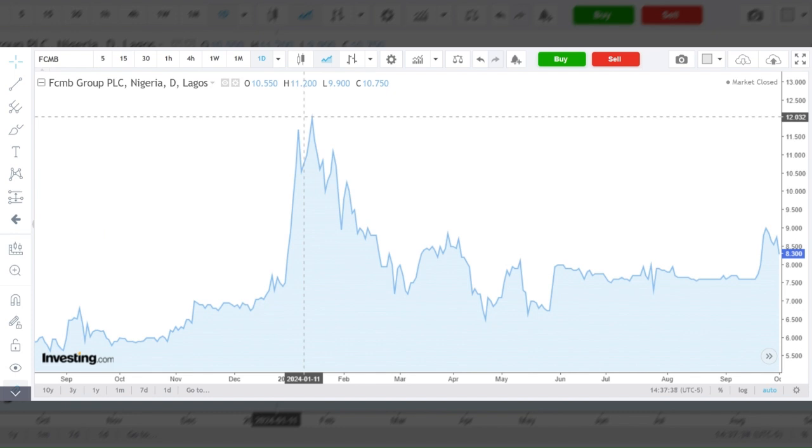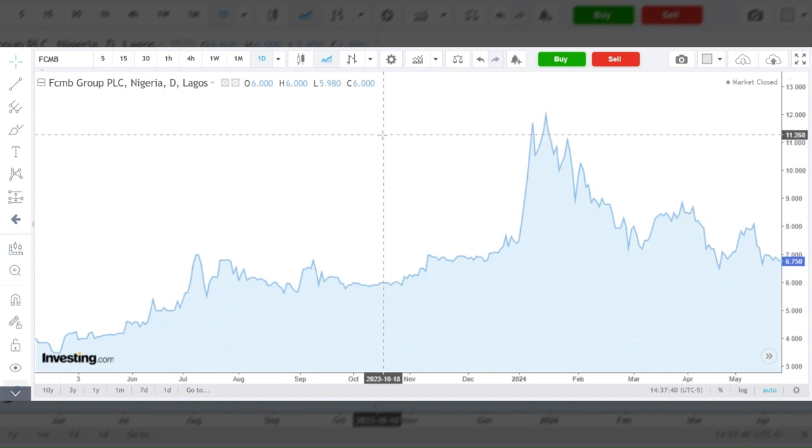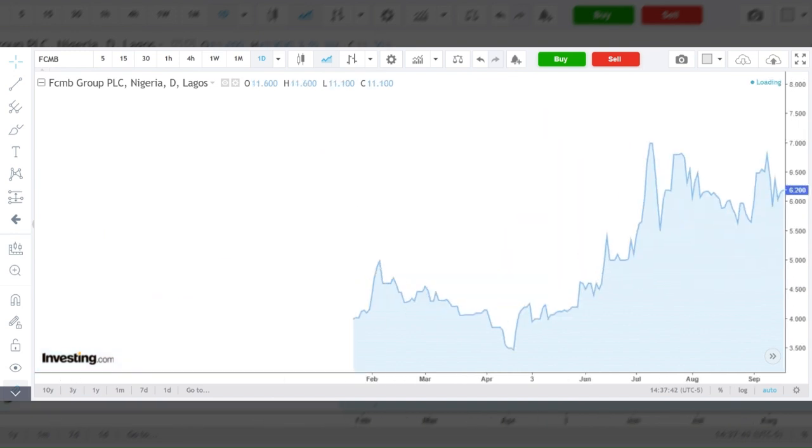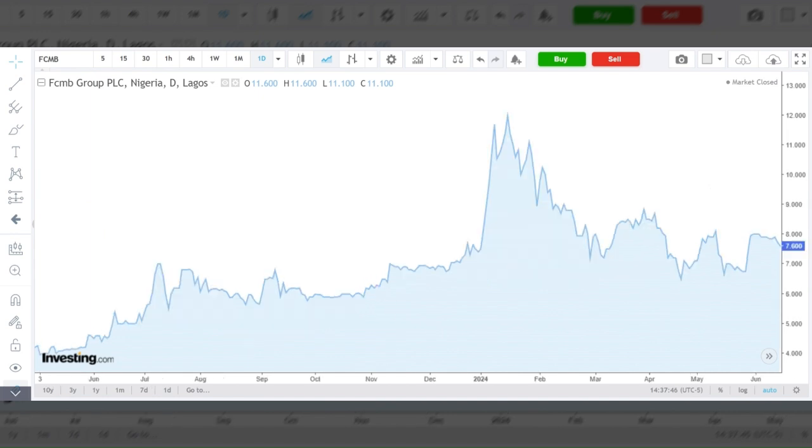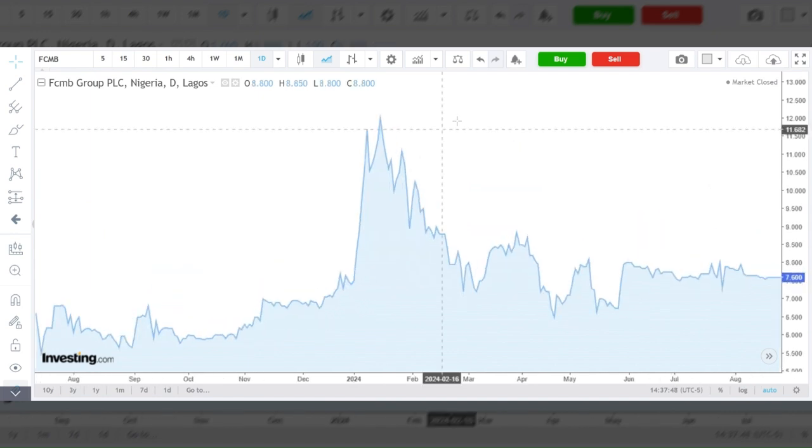This is 2024. And one thing I'll say is you might not really have to go that far backwards. You can just go and put your line, because sometimes if you go too far backwards, it might not be necessary. Some stocks are on a constant uptrend, on a constant bullish run.